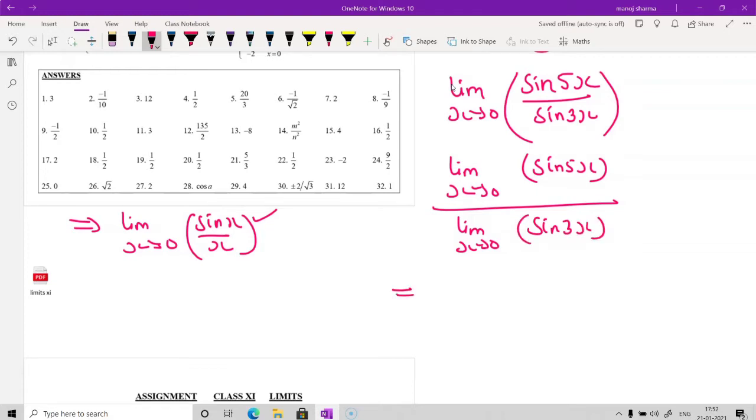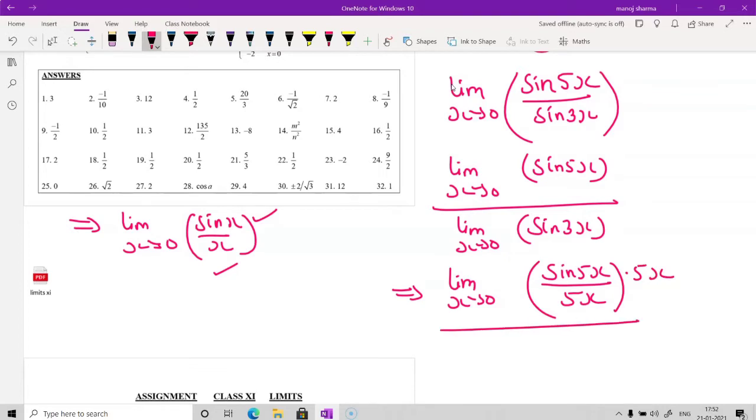Now moving further, I need x so that I can apply the limit. Now it is limit x tends to 0 sine 5x. For making it 1, I have to divide it by 5x and I have to multiply by 5x.